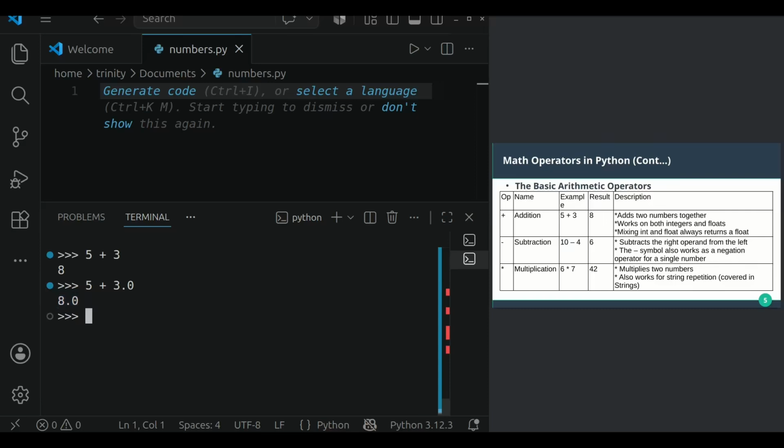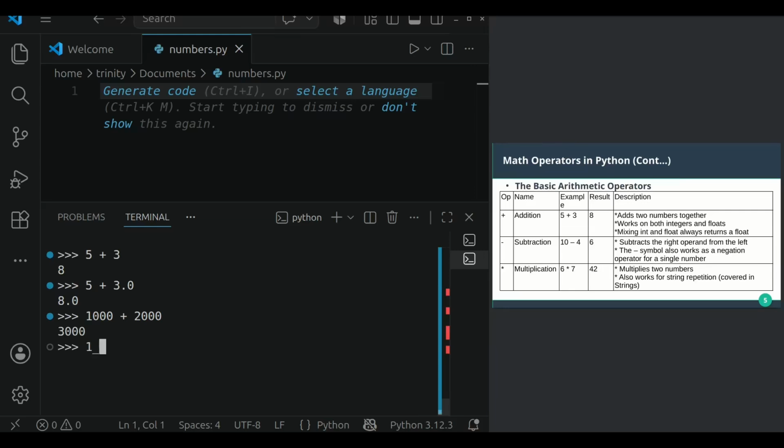Now we can do some other addition operations, such as adding values like 1000 plus 2000. That gives us 3000. But we can use an underscore as a way to enhance our readability, especially when we are working with large numbers.